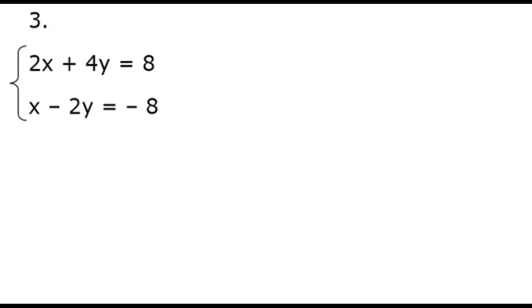The reason I multiplied by 2 was so that those numbers right there would cancel out. 2 plus 2 is 4. That cancels out. That would be a negative 8. Positive 8 and a negative 16 gives you a negative 8 answer.